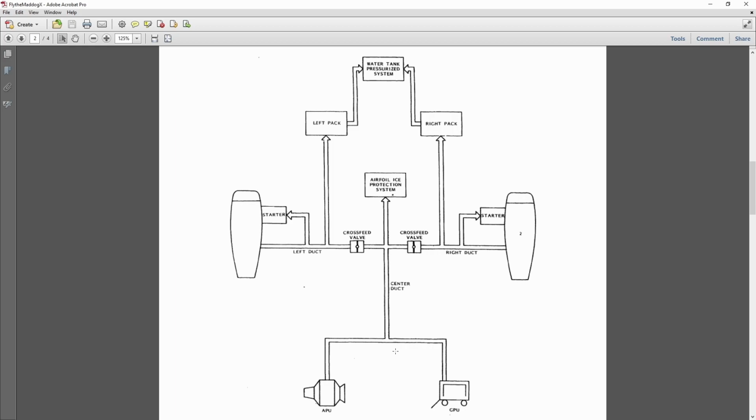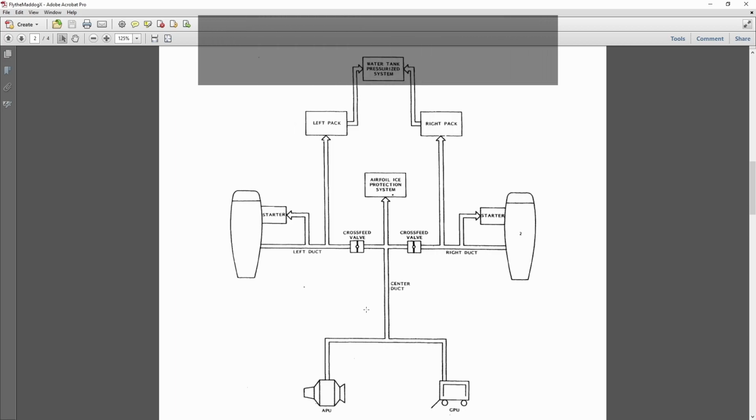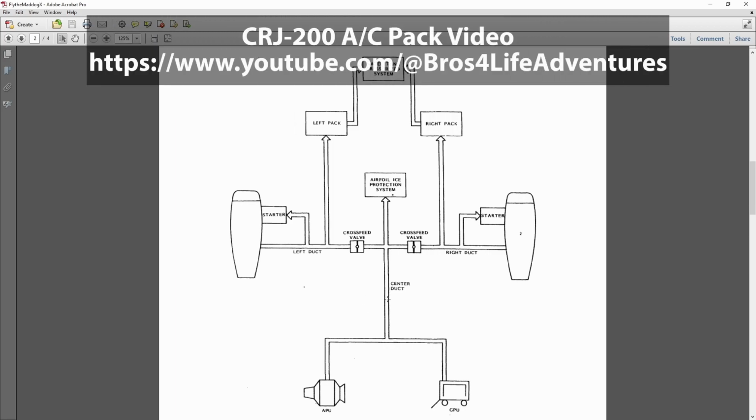It's very high pressure, very hot. When you compress anything, it heats up. When you expand it, it cools down. And in fact, it's that very principle that the packs use to cool the air down very rapidly. And it's quite amazing. There's actually a very cool video on the CRJ pack system where it's explained in detail, and it's fascinating. I highly recommend searching that out. I think it was an aviation school project that these kids had to do, and it was very cool.